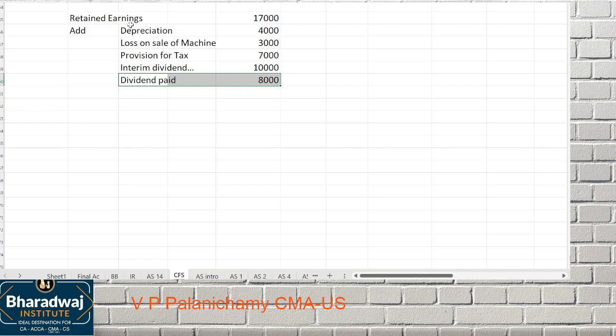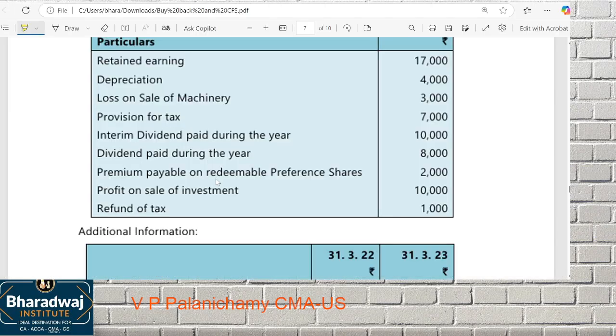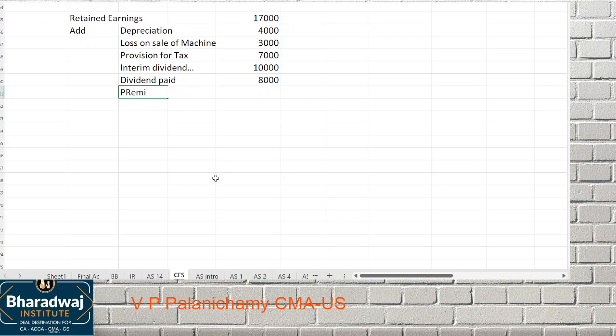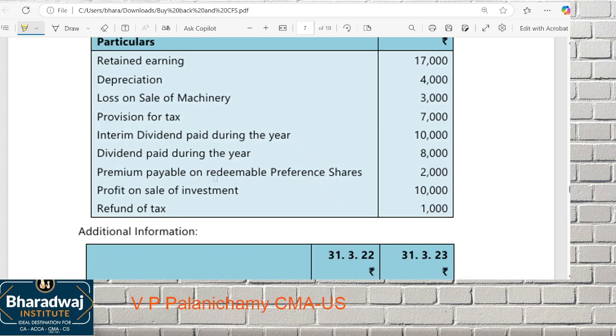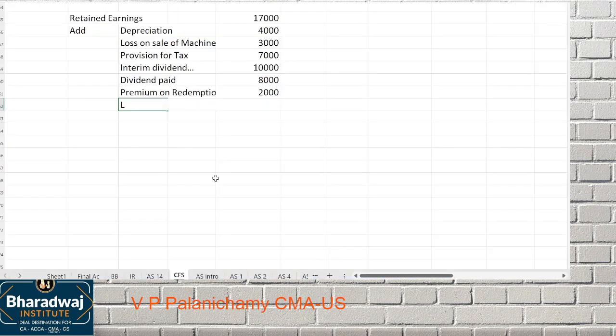So add back depreciation, add back loss on sale of asset, add back provision for tax, add back interim dividend, add back dividend paid. Then what is the next one? Premium on redemption, 2000. Then less profit on sale of investment.